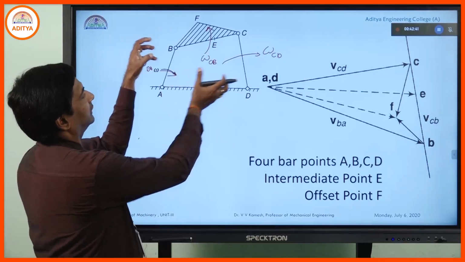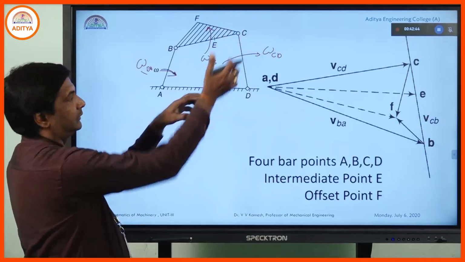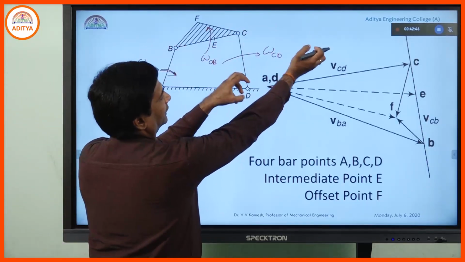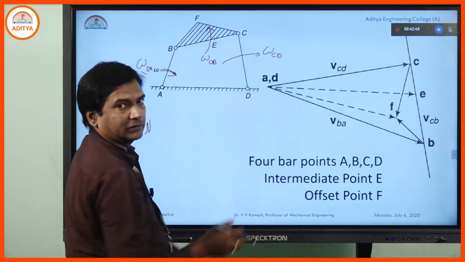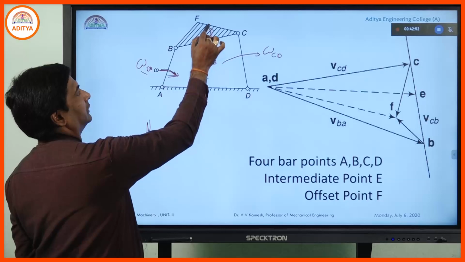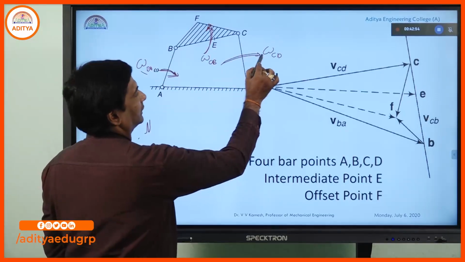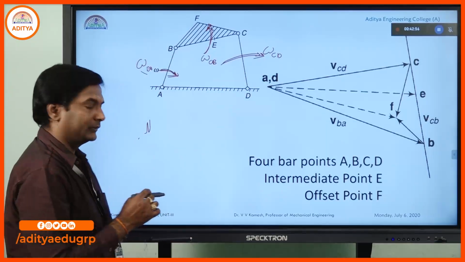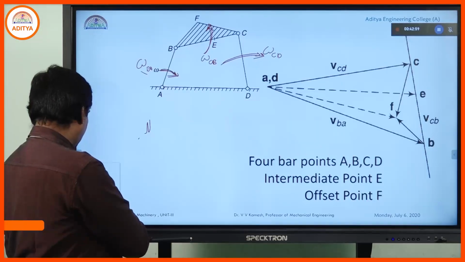That means it is moving like this. Once you make it move like this, automatically this will be lifted up like this. That's why omega BA direction will be here, this direction will be like this, and this direction will be like this.